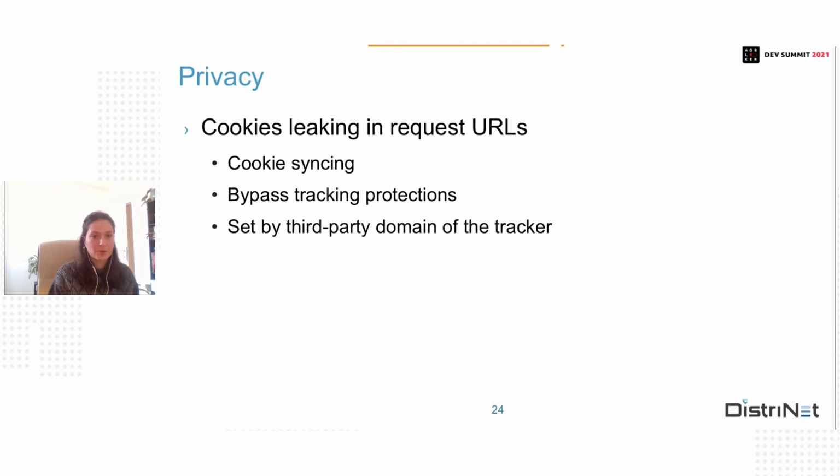And we found in our dataset that in a lot of cases, the cookies that were leaking in the request URLs were set by the third-party domain of that same tracker. So this indicates that the tracker was syncing its first-party and third-party domain, thus bypassing the limitation of CNAME-based tracking, which is that the tracker can only follow the user on one specific website.